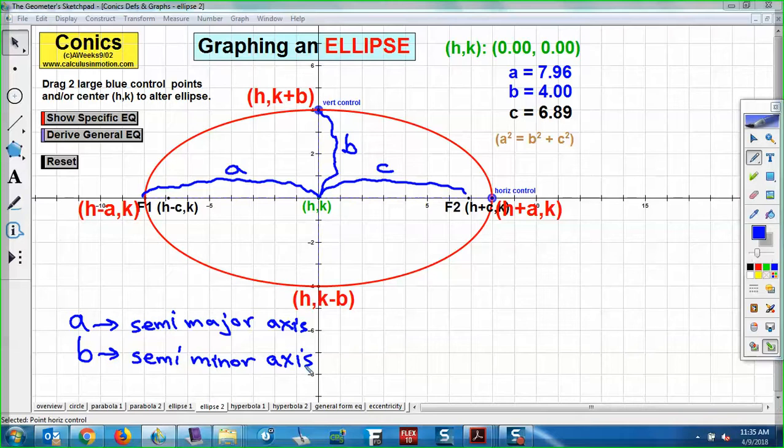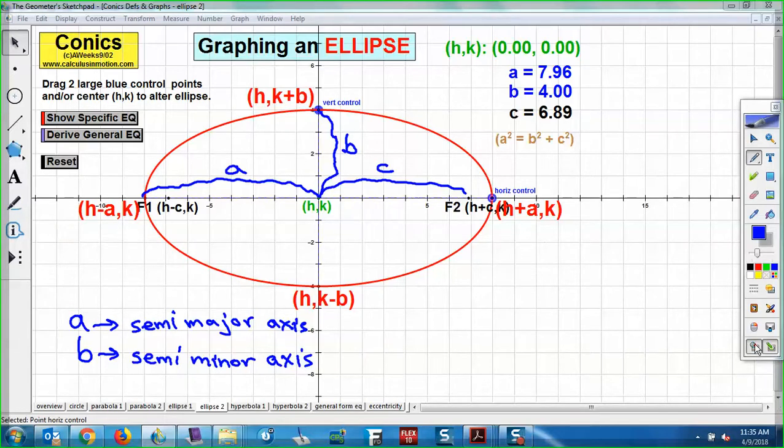Now, you might even think of that as the long radius and the short radius, but the whole definition of radius is it's the same all the way around the circle, right? And what would happen if this becomes a circle? Well, A and B would be the same, right? And the focus actually would disappear into the center. So the more this becomes like a circle, the closer the focus gets to the center. Okay, the more it's like a circle, the closer the focus is to the center.